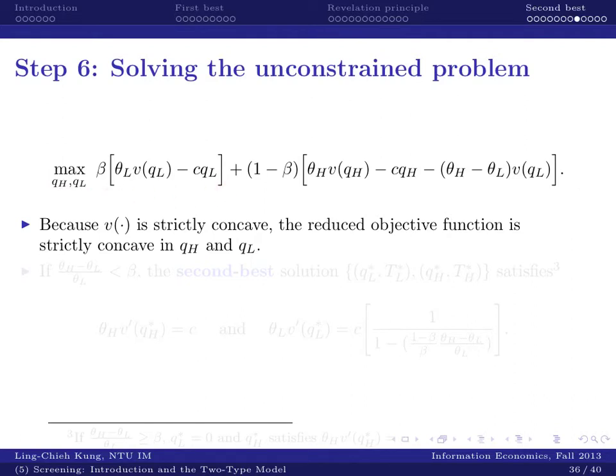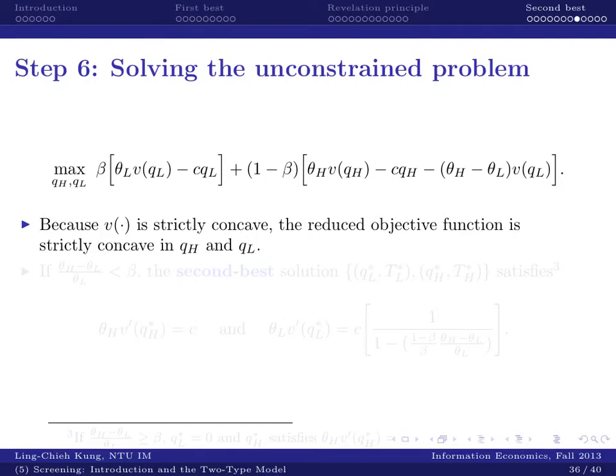The first part has nothing interesting, but the second part, you have these two terms minus an additional term. This term does not appear in the low type part. Anyway, because the v function is strictly concave, this whole function is strictly concave in QH and QL, and of course first order condition.